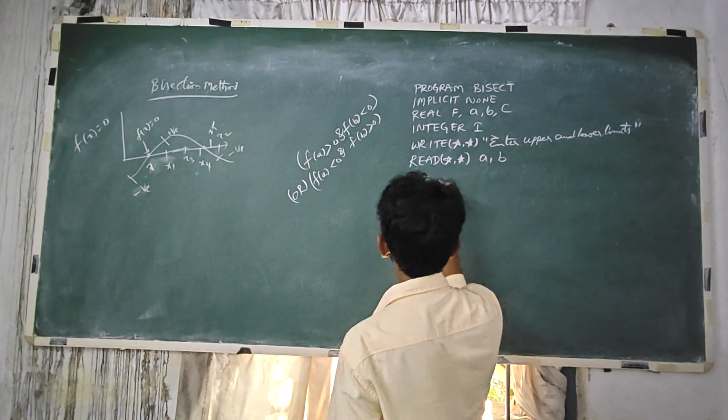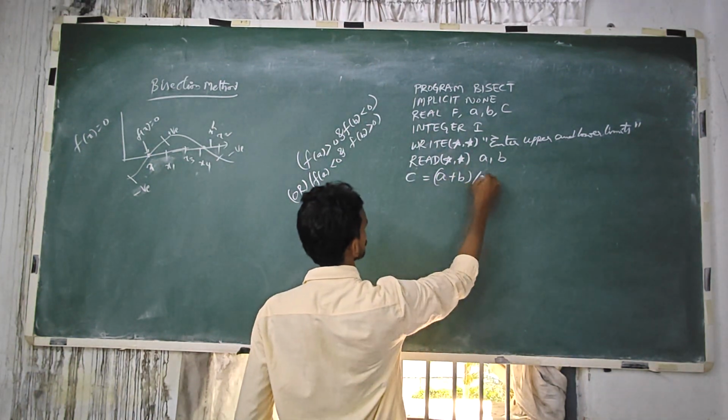So I am taking the midpoint C is equal to A plus B by 2.